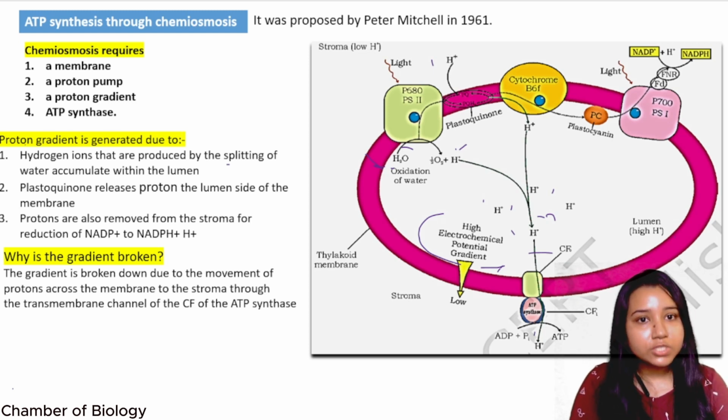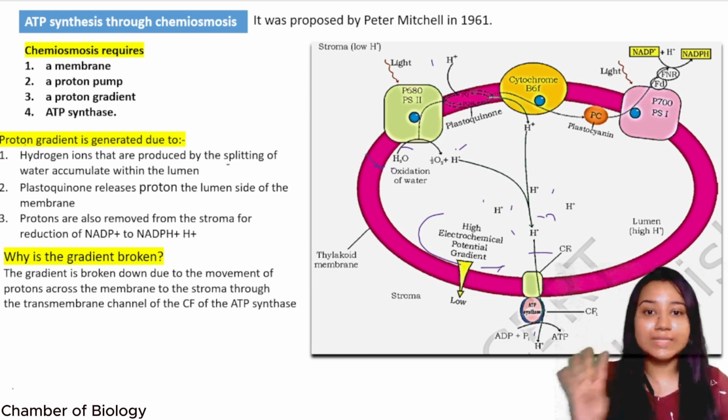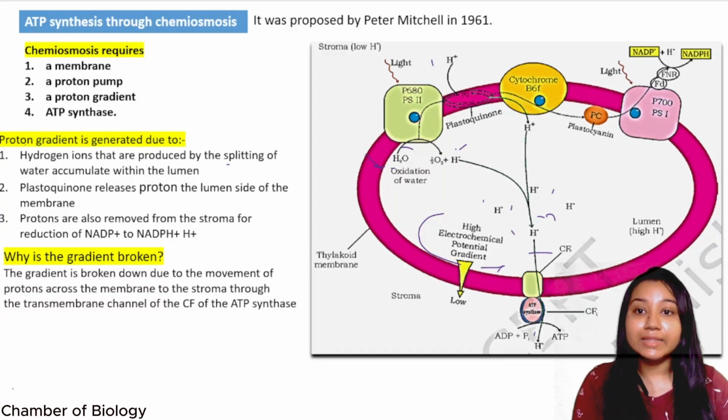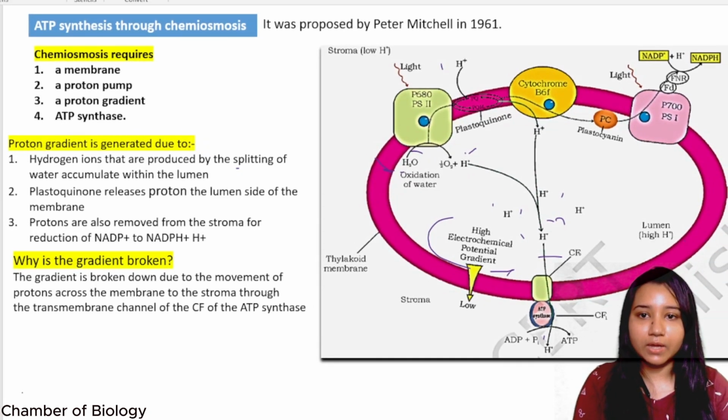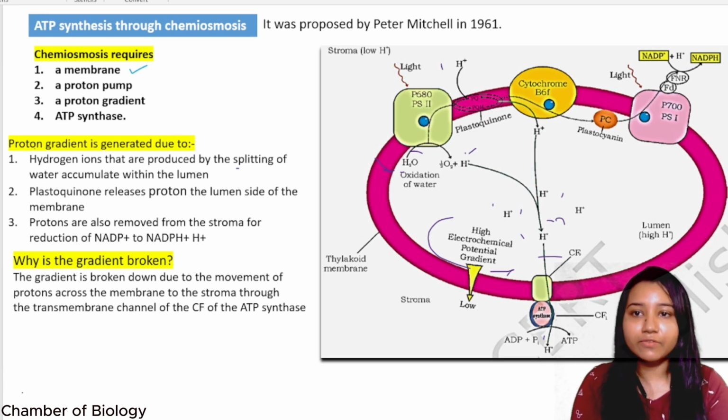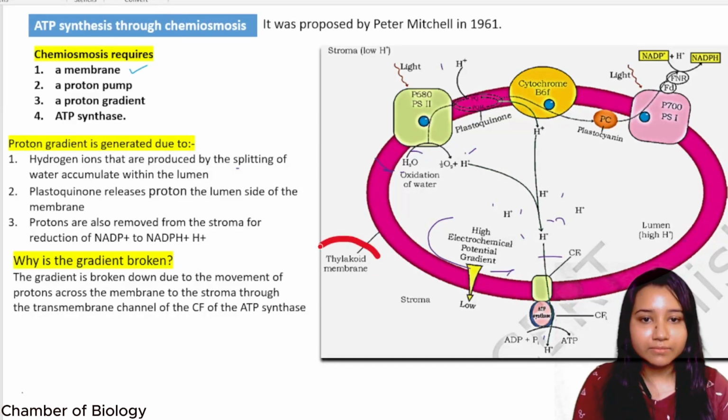For chemiosmosis there are a total of four things that are required. We can see here that four things are important. Membrane: we have our thylakoid membrane that is being utilized here.